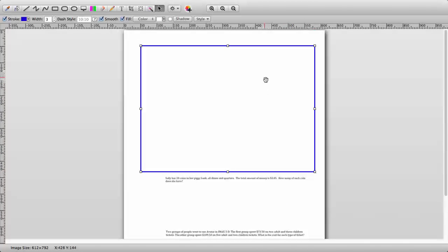I'm going to come above this one. We're dealing with Sally. How many of each coin does she have? So we're going to find our variables to be number of something. Number of what? Dimes and quarters.